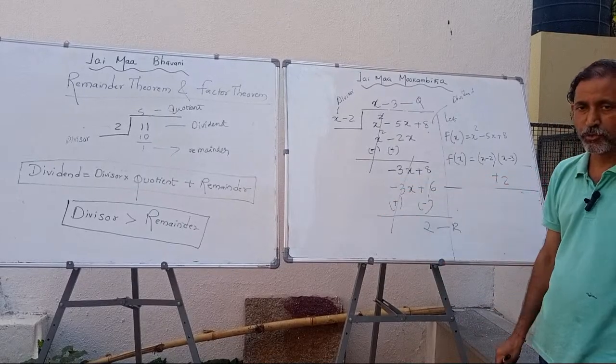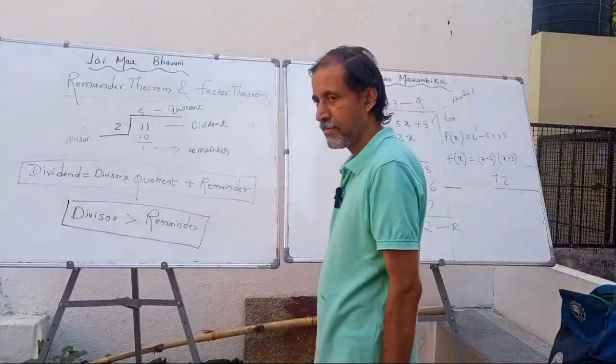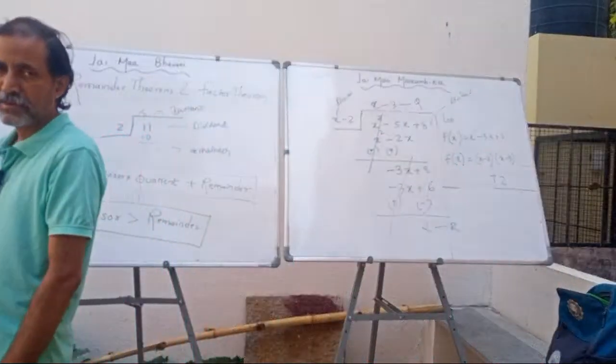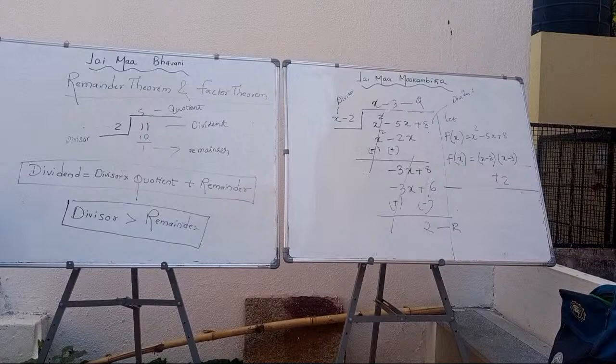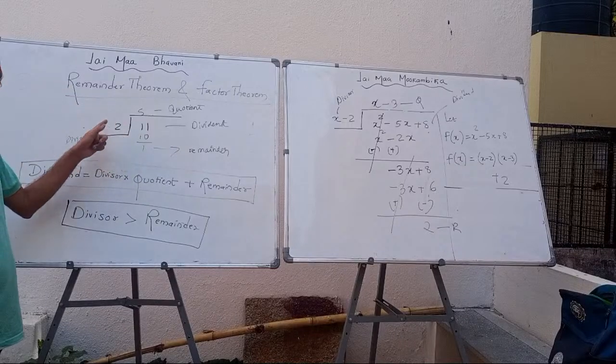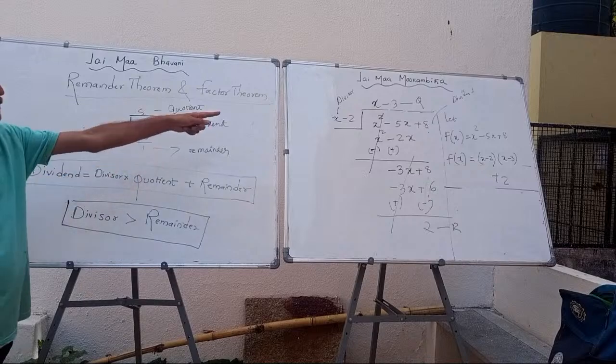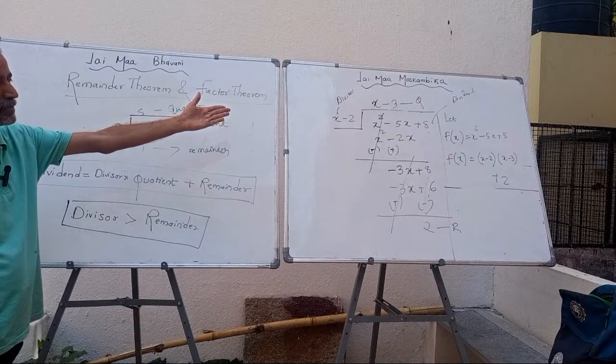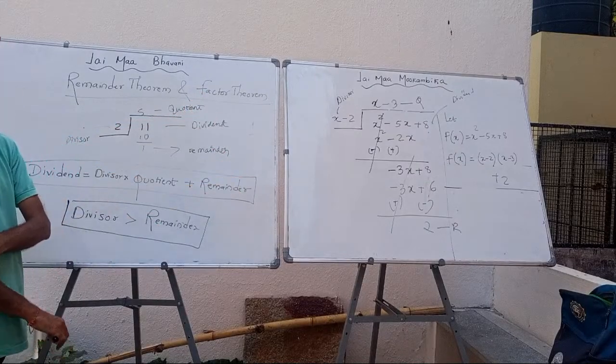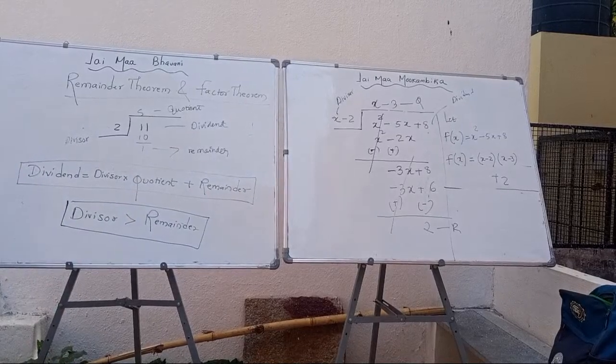Now, in this case, divisor is less than remainder. What do you think would be in this case? Here, the divisor was greater than remainder. This was always greater than this. What do you think will be in this case? Here it is x minus 2, there it is a number. Divisor is greater.